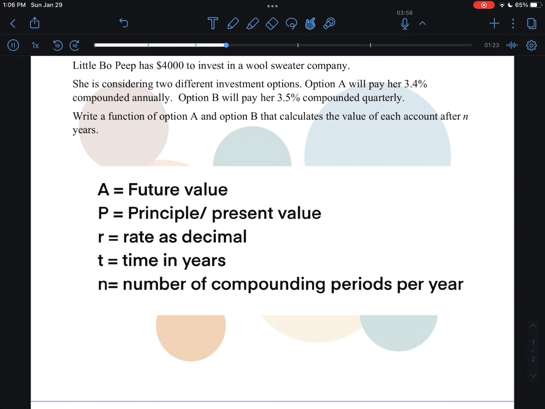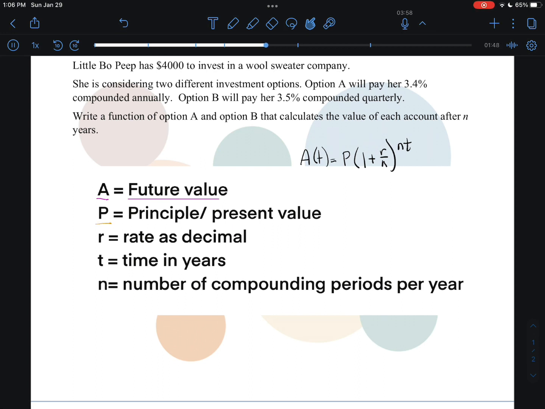We know that formula to be normally A of t equals P times (1 plus r over n) to the power nt, where they're represented in the following way. A represents our future value.